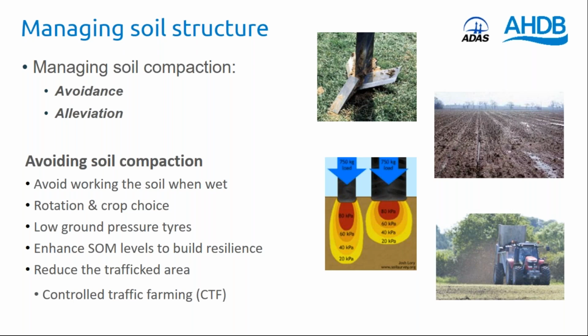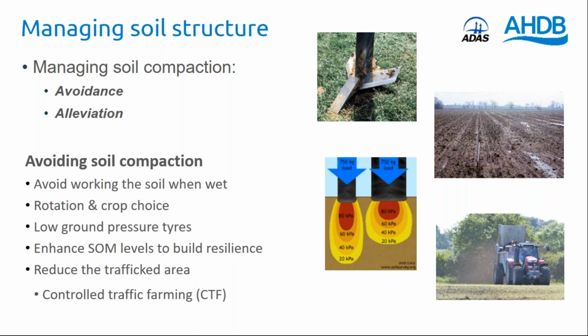But really, we want to try and avoid it in the first place. So avoiding working soils when they're wet, obviously very difficult in this last autumn that we've just had. Thinking about the rotation and the choice of the crops that we grow on our fields, perhaps avoiding late harvested crops on soils that we know are particularly vulnerable.